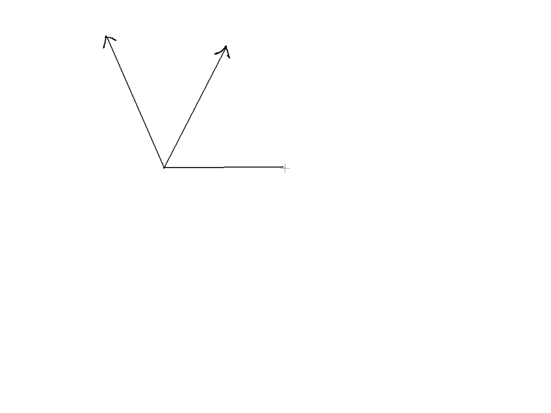We have 3 rays here. This is point A, this is point B, this is point C, and this is point D. So we have 3 rays coming out of point D. All right, and we're given the following information.